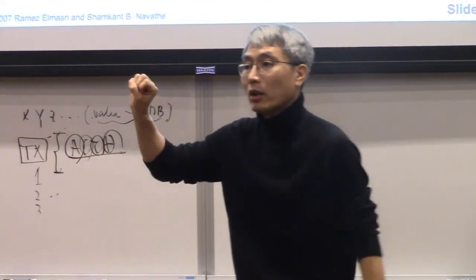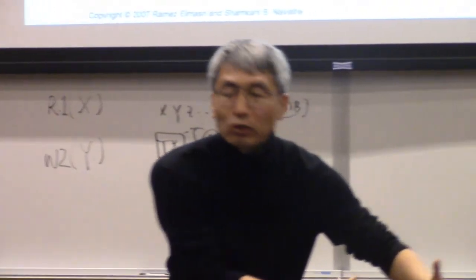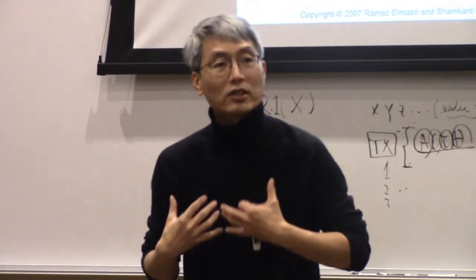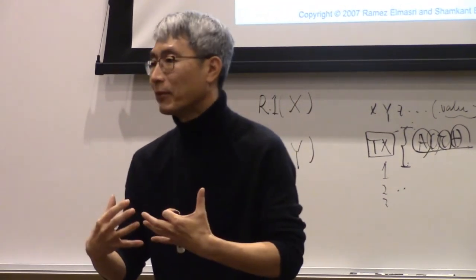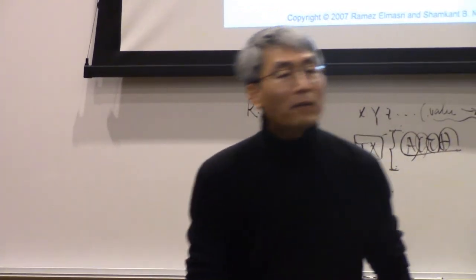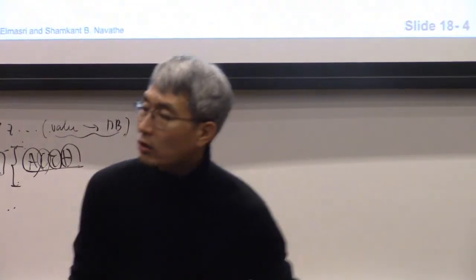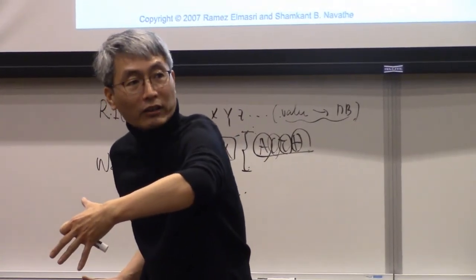When you do some operation, a read or write, on such a database state, it changes from state A to another database state B. If you can guarantee such a change of the database state, we can say it's consistent. If the database is inconsistent, even though you change the value, certain users can see a different state of the database.